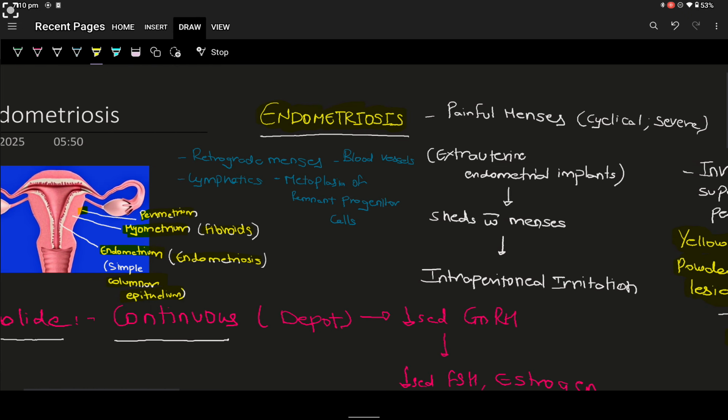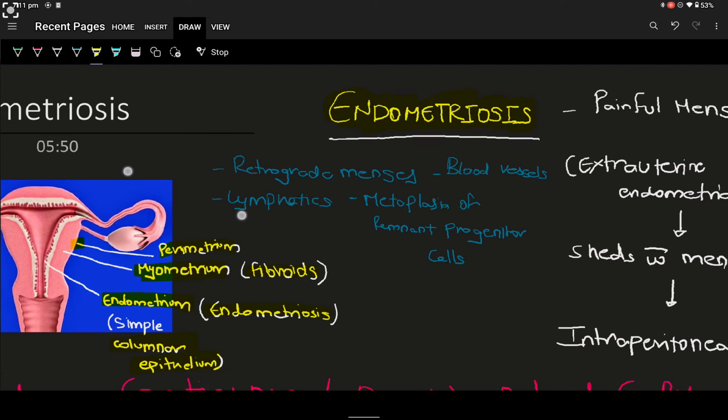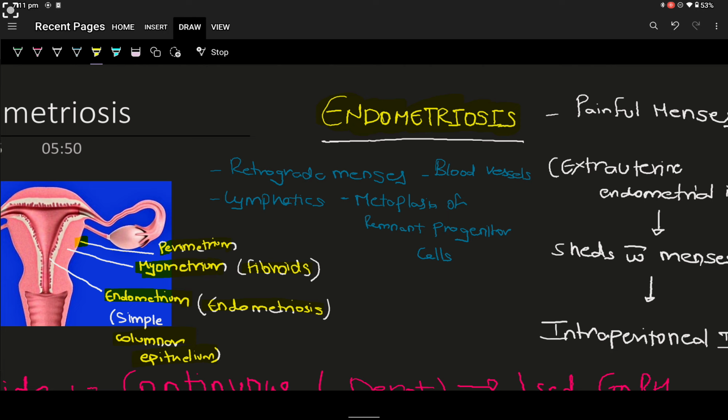So this was some general summary, and the causes are retrograde menses, blood vessel lymphatics, and metaplasia of remnant progenitor cells. So these are the common causes of endometriosis.